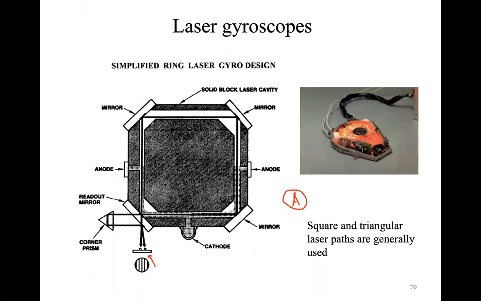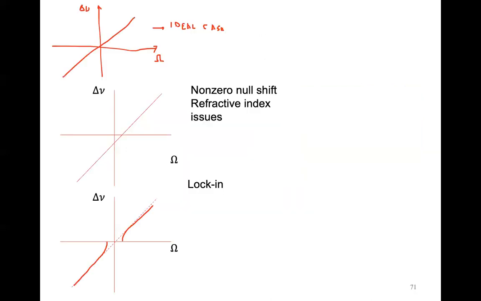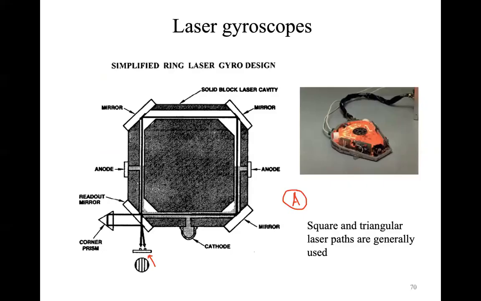These anode and cathode provide an electric field in order to provide the Faraday effect that enables a slightly different polarization of the beams in order to avoid these lock-in problems. However, this works only if you are looking at delta frequency. If you are looking at delta phase, this solution doesn't work.